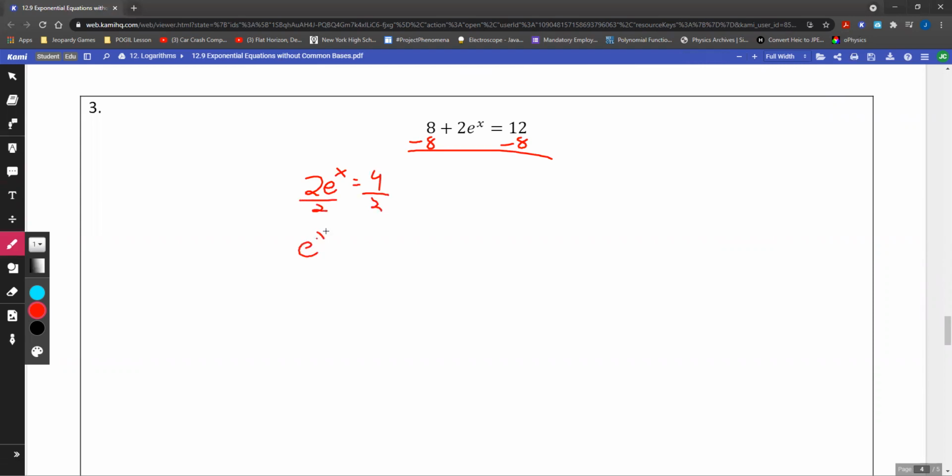You get e to the x equals 2. From here, I can take the ln of both sides. This just drops to 1, so this becomes x equals ln of 2. And when we plug this into the calculator, we get x equals 0.693.